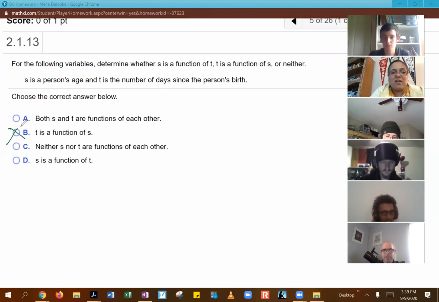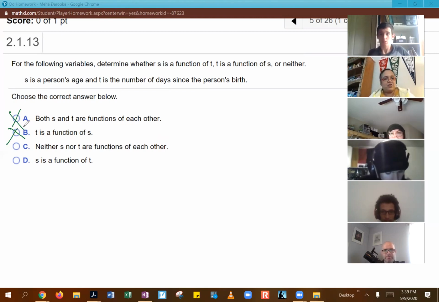If B does not work, that automatically takes A out of the picture also, since one of those directions is not working. So now we are thinking of S as a function of T, and I know a bunch of you picked that as your option. Here we're saying if we know the number of days, which is T, then we would be able to calculate their age, which is true, right?